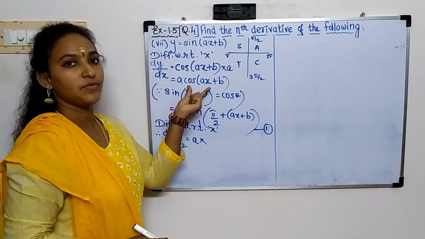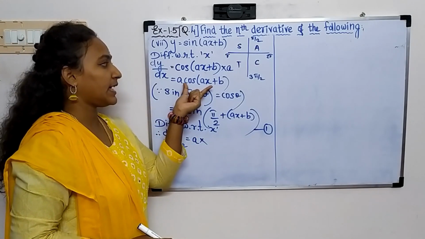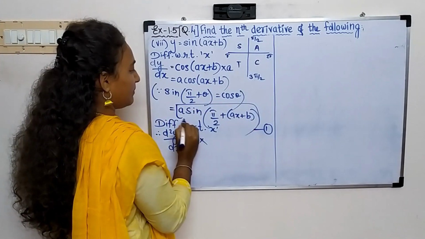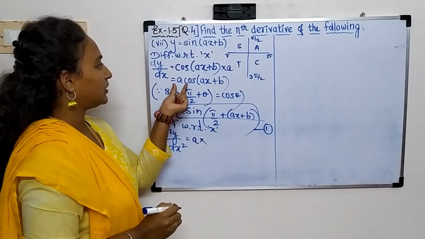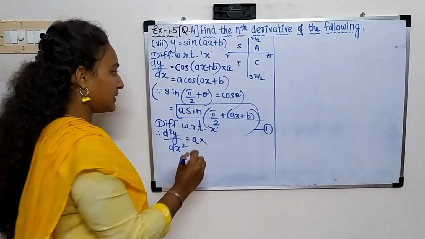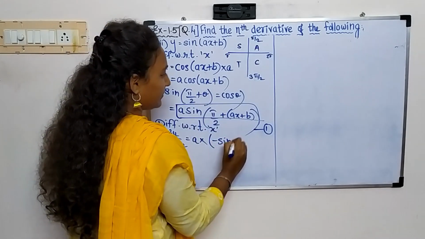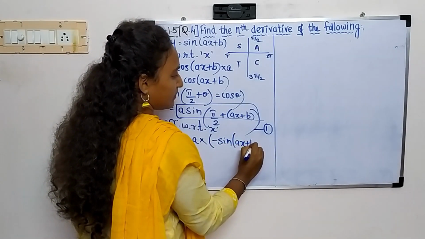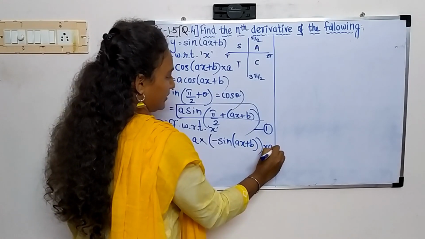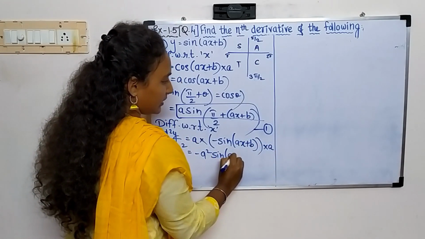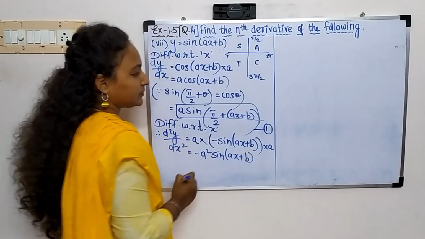Okay, we will be differentiating this, that is a cos ax plus b, not this. Okay, please keep in mind. So a cos ax plus b is a into derivative of cos is minus sine ax plus b into a, which is equal to minus a square sine ax plus b.